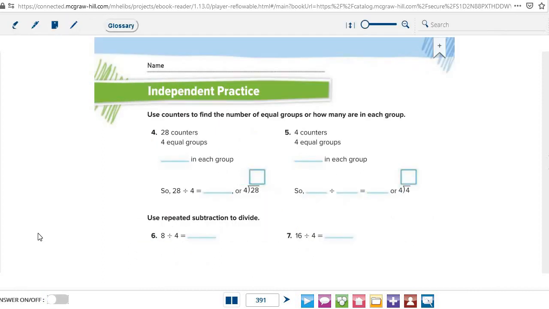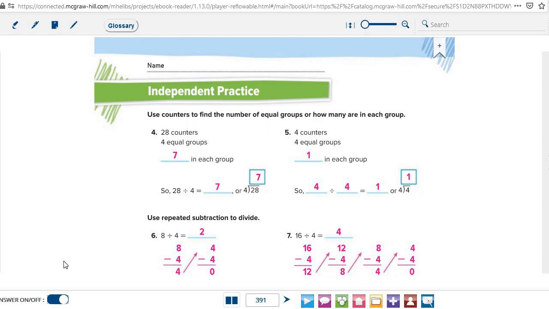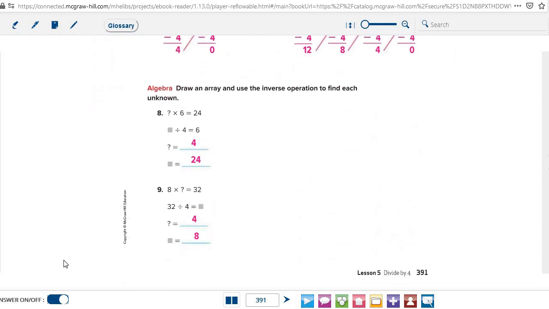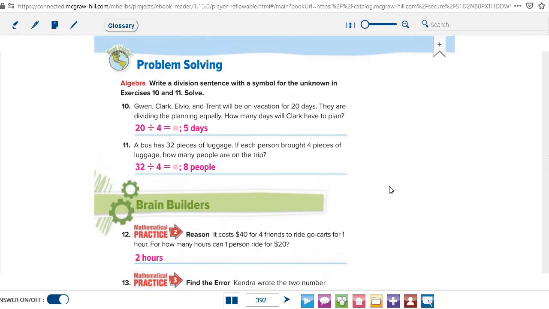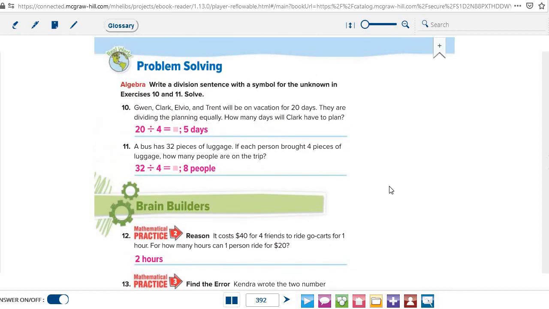Now it's your turn, grade 3. Please try to solve these questions by yourself, and then when you finish, you can check your answers here. This is for page number 391, and the same for the next page, page number 392. Here they are. The next page is your homework, grade 3.